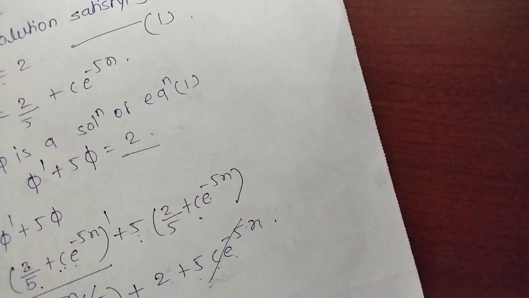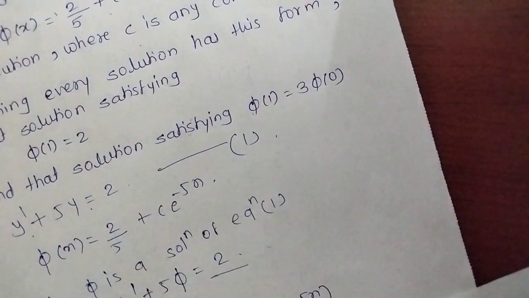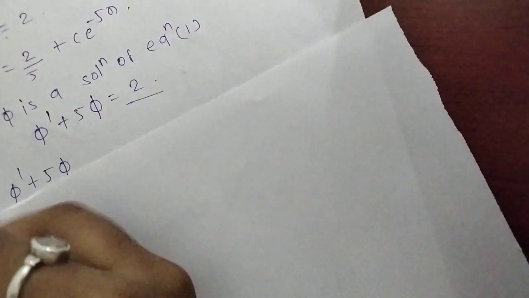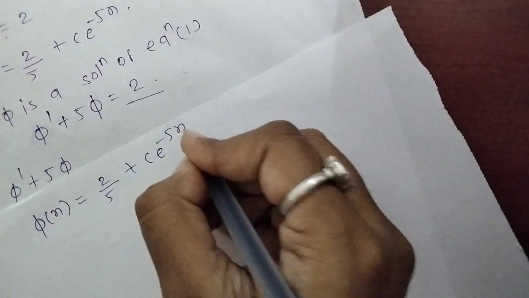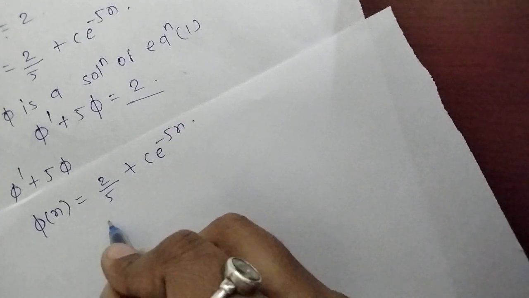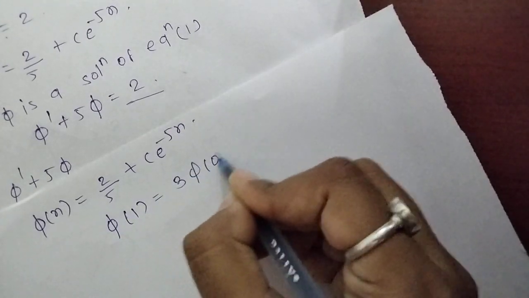Now C is find that solution satisfying phi of 1 is equal to 3 into phi of 0. For C, phi of x is equal to 2 upon 5 plus c e raised to minus 5x. We have phi of 1 is equal to 3 into phi of 0.